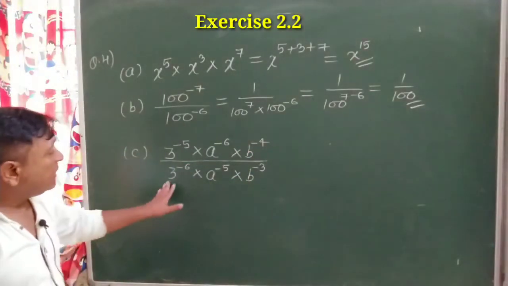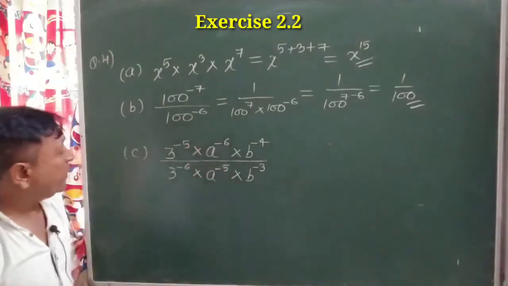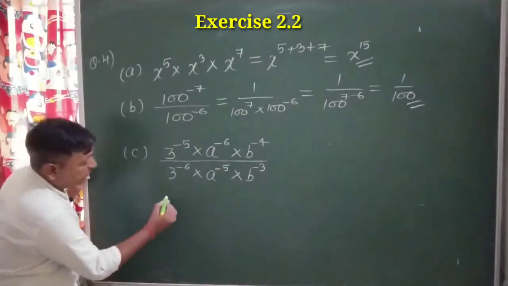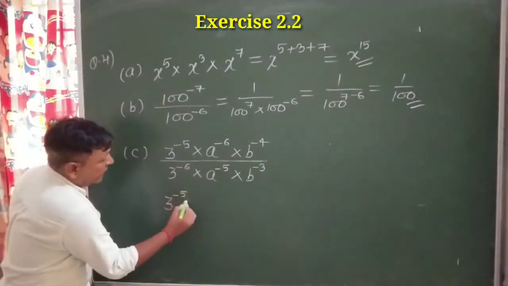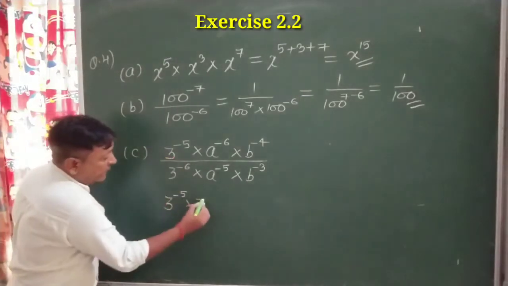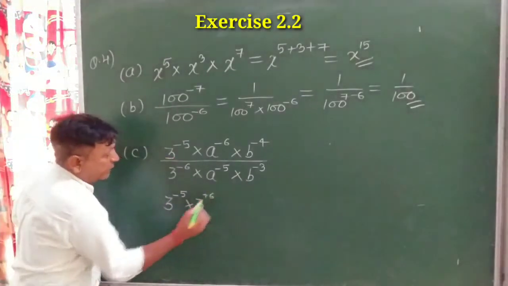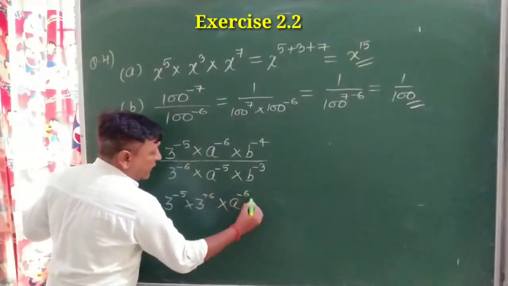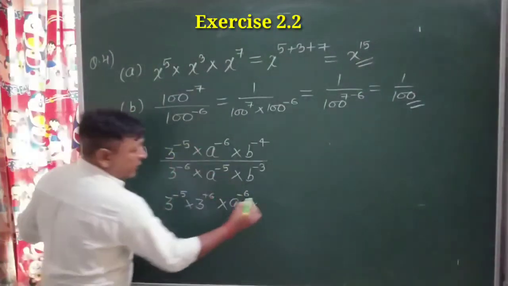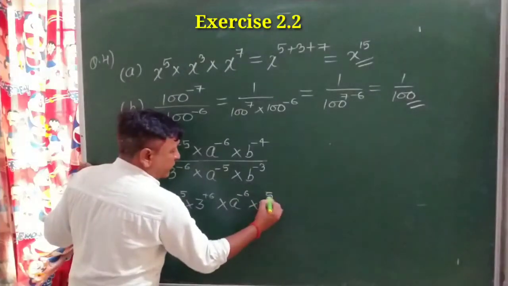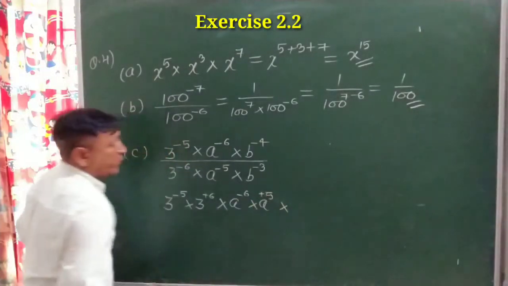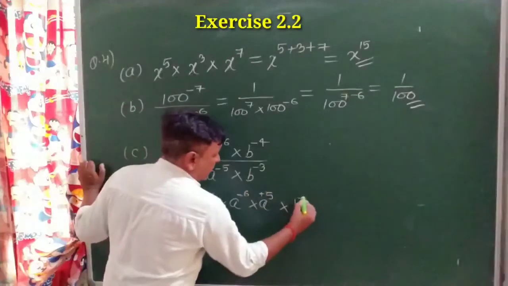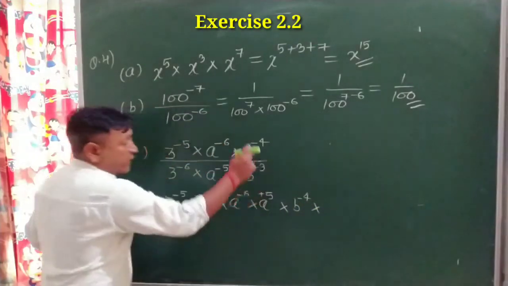So send all the things from the denominator to the numerator. It is already here, and this will come here. Its power will become positive, into a raised to the power minus 6 already here. This will go, its power will also become positive, into this is already here, and when this goes, its power will become positive.